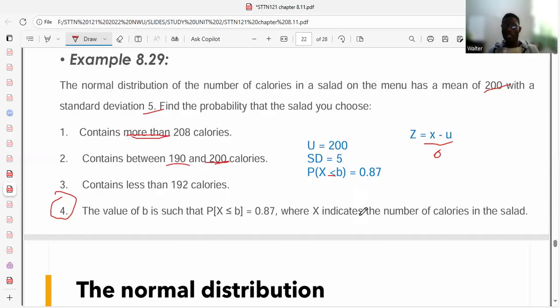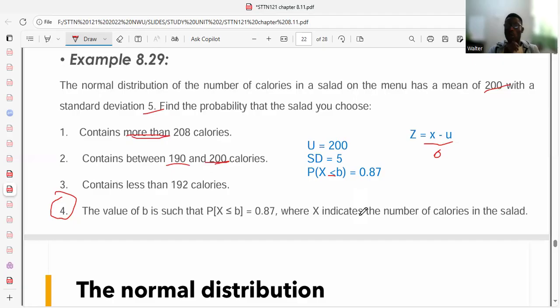Now, the examiners, the lecturers, will be like, okay, since you understand how to calculate the z-value, and after calculating the z-value you find the probability using the z-value, now let's give you the probability, and we want you to use that probability to get the z-value. How are we going to do that? You're going to use the probability of 0.87.